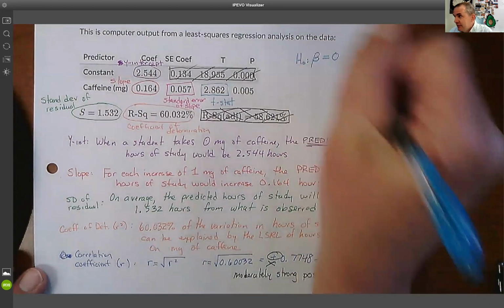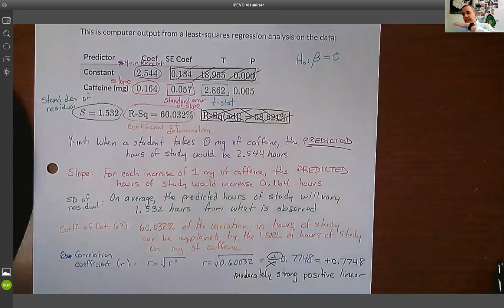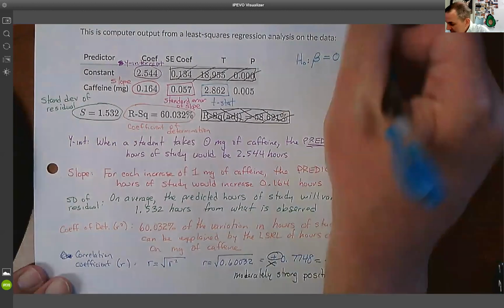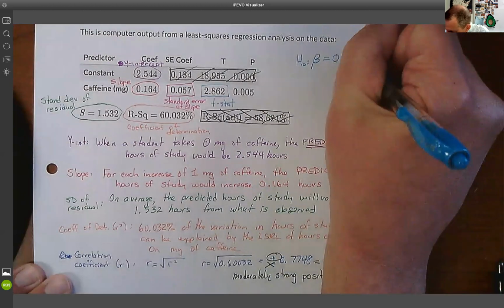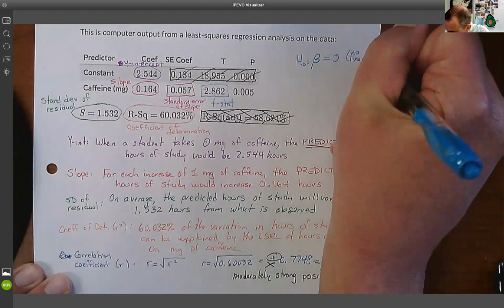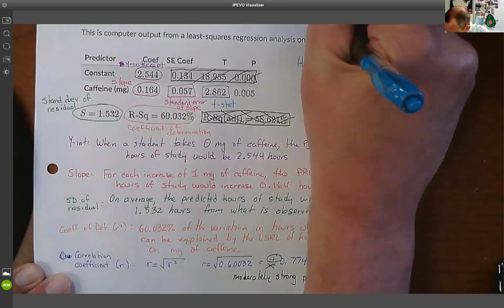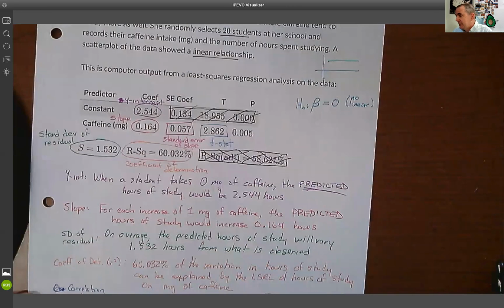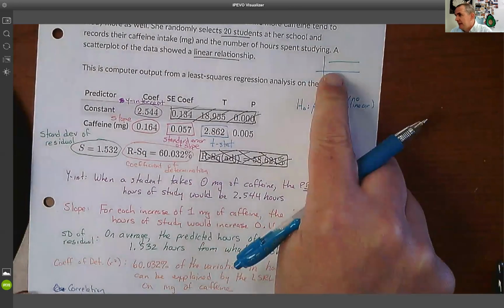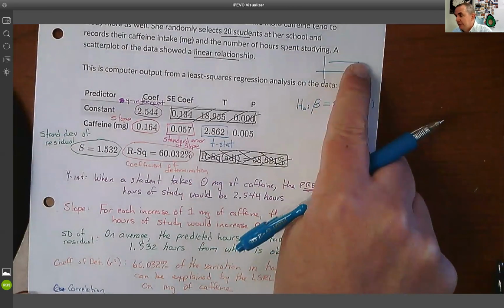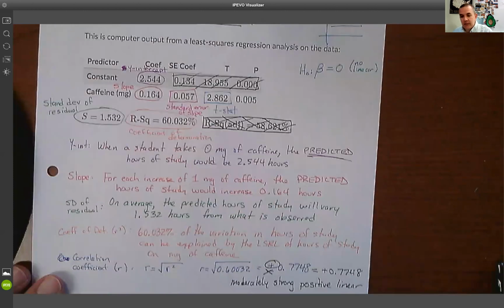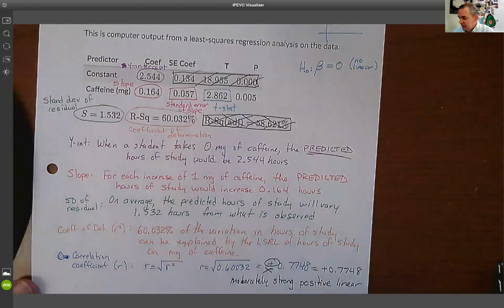The null hypothesis is that beta is 0. 0 is a horizontal line. A horizontal line in the world of statistics means there's not a linear relationship. This is saying no linear relationship. Because if I had a horizontal line and was using that to make predictions, every one of these inputs would give me the same output. That's not a linear model, and it's not a valid linear model.